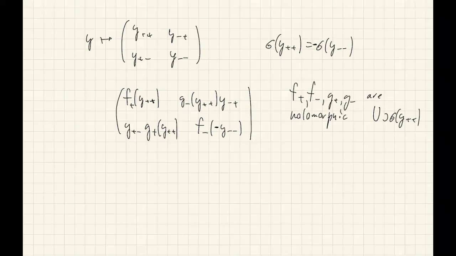Obviously, we can also multiply y minus plus, for example, to the right on some function from y minus minus, but it turns out in this case that if we have g minus of y plus plus times y minus plus, it's essentially the same as y minus plus multiplied on the right by g minus of y minus minus.